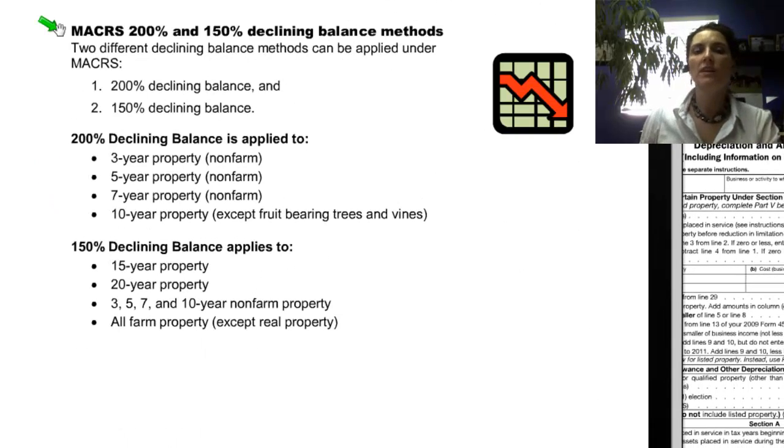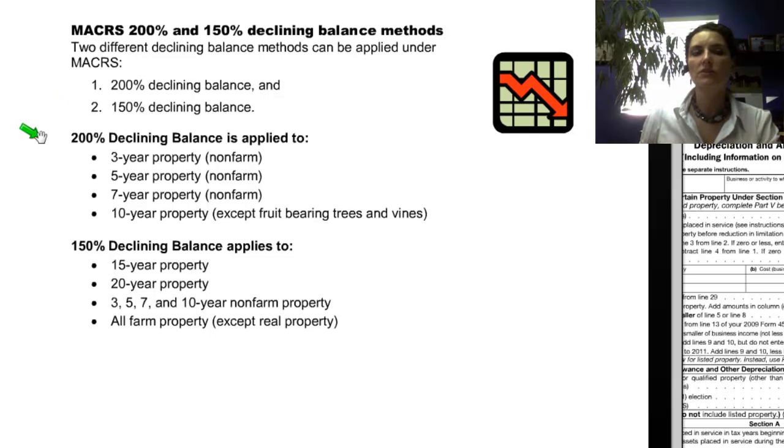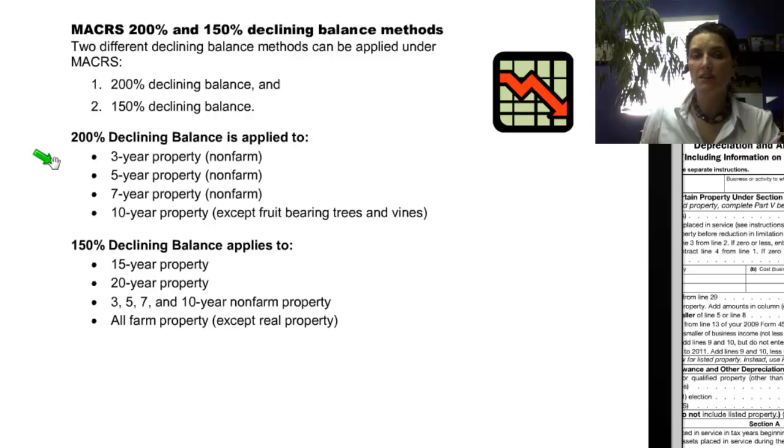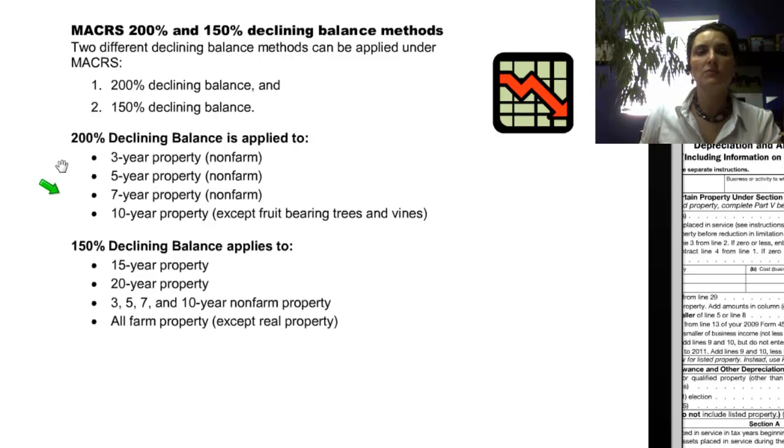MACRS 200% and 150% declining balance methods. 2 different declining balance methods can be applied under MACRS. They include the 200% declining balance and the 150% declining balance methods. How does 200% or where does 200% apply? Well, that method, 200% declining balance, applies to 3-year property that is not used in farming, as well as 5- and 7-year property not used in farming, and 10-year property except fruit-bearing trees and vines.